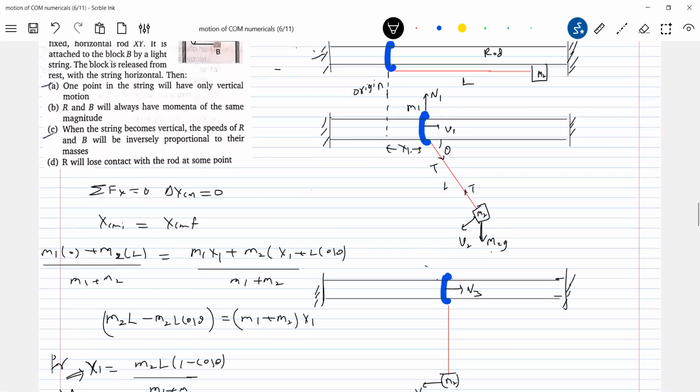What is the net force on the system along the x-axis? Zero, no? So shall I say there's one point which will not move at all? One point in the string will have only vertical motion. Is it justifying? So what is that point? Center of mass of the system. There's one point on the string.